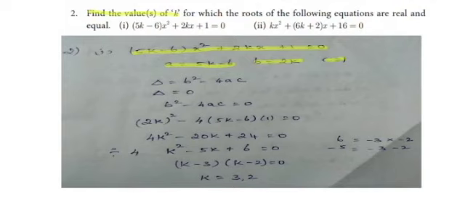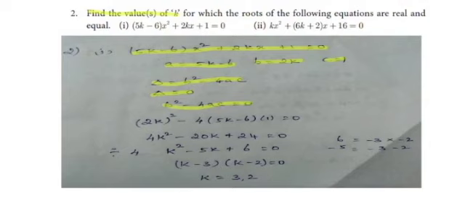The discriminant is b² − 4ac. In the question they have given real and equal, so the discriminant value should be 0. So b² − 4ac is equal to 0.